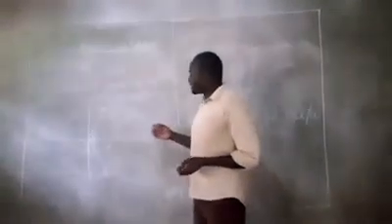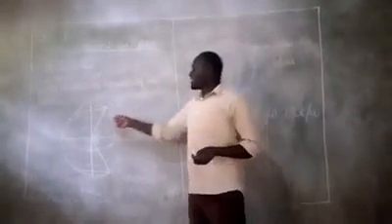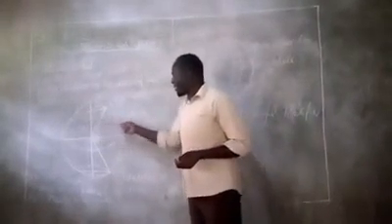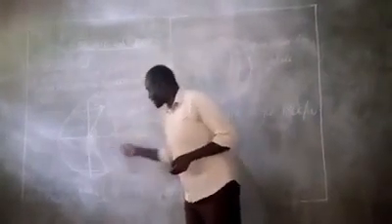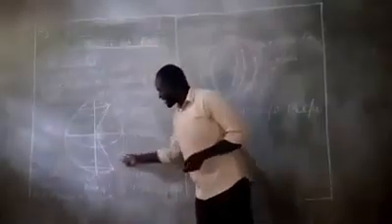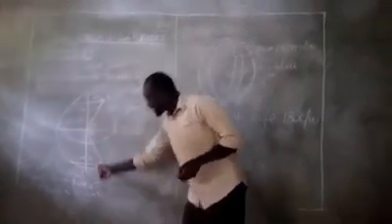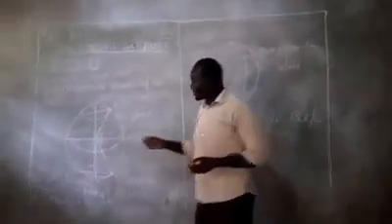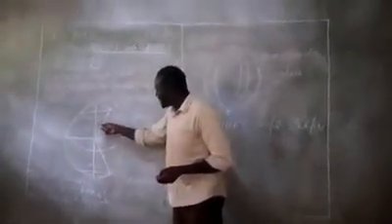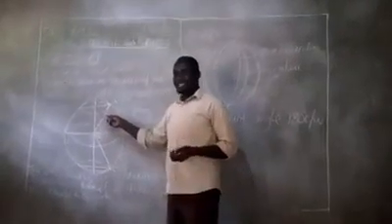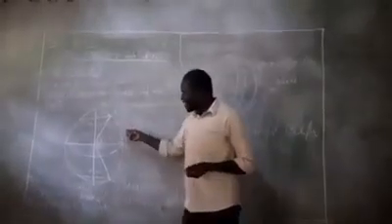To be simpler, this is circle number 1, this is circle number 2, and that is circle number 3. As you can see, this is the Earth's axis. You realize that this plane is meeting this axis at 90 degrees.